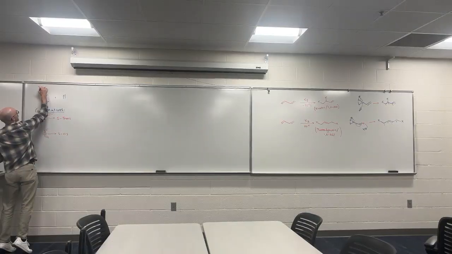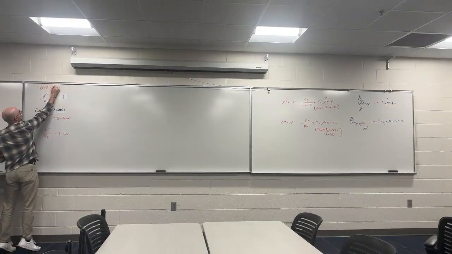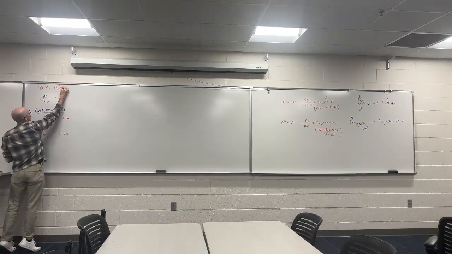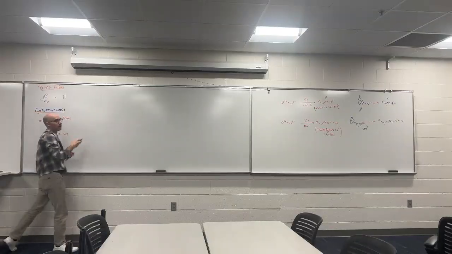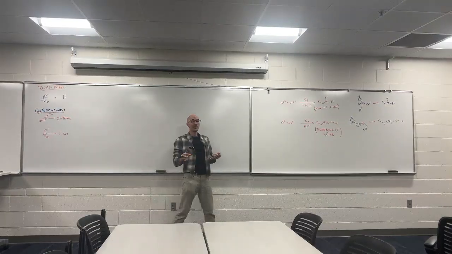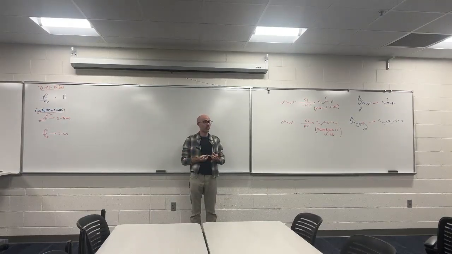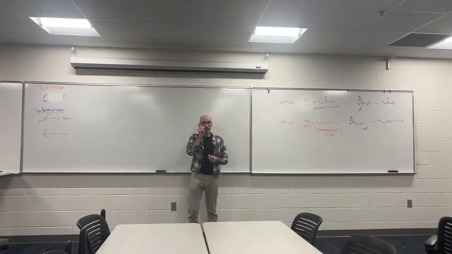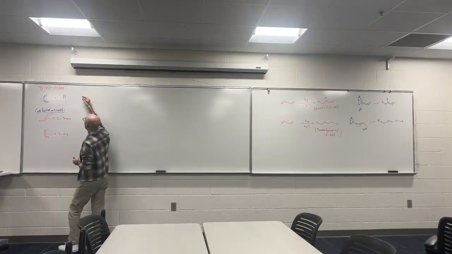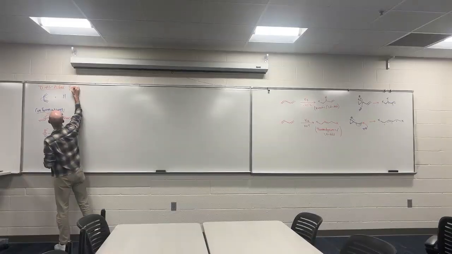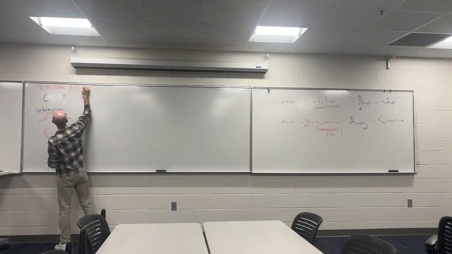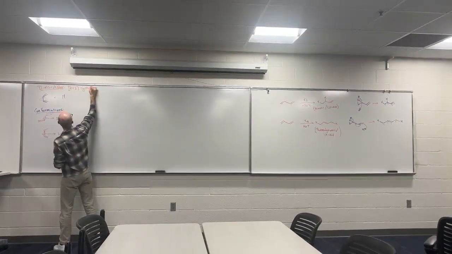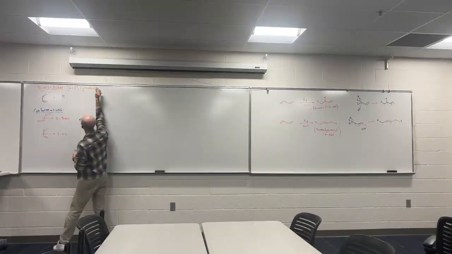The name of the reaction that we're considering is the Diels-Alder reaction, which tells you exactly nothing about what is required and what is formed. So I like to call this, the more technical name, the 4+2 cycloaddition reaction.